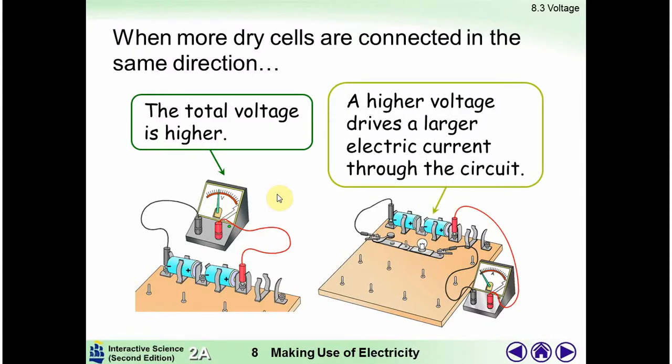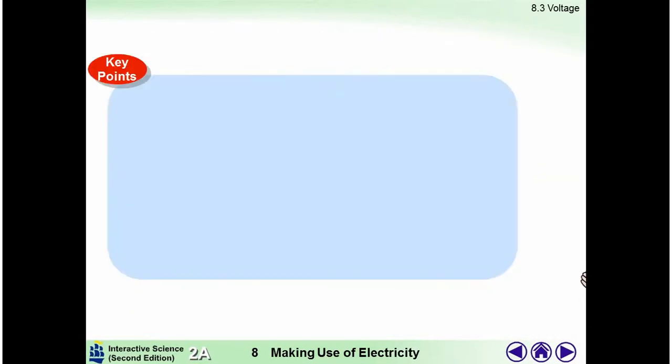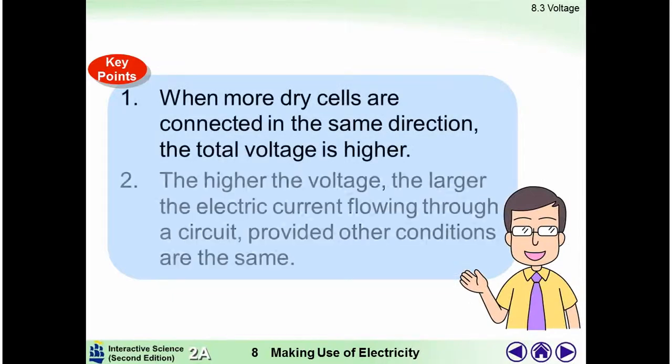A higher voltage drives a larger electric current through the circuit. So we found that the light bulb is brighter. Therefore, when more dry cells are connected in the same direction, the total voltage is higher. The higher the voltage, the larger the electric current flowing through the circuit, provided that other conditions are the same.